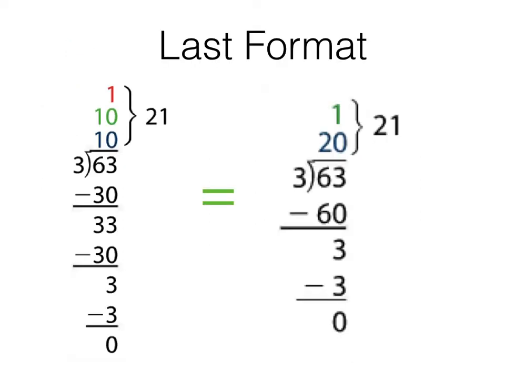Now, our last format that I want to familiarize you with is I have our regular problem that we've been doing on the left-hand side of your screen, and then on the right-hand side of your screen, I have an example where a student has taken 63 divided by 3 and has gone over that limit of 10 and has gone all the way to 20 because they knew that 3 times 20 is equal to 60.